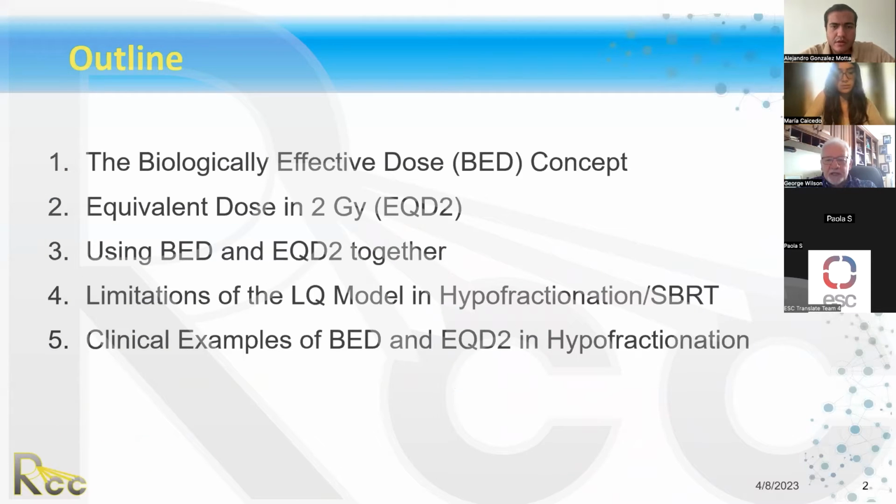So this is the outline of today's talk. We're going to talk about the BED concept, where it derived from, how you get the numbers from it. We're going to talk about the equivalent dose in 2 gray. And then we're going to talk about how you can use them together, how they can complement each other with the information that you can get from them.